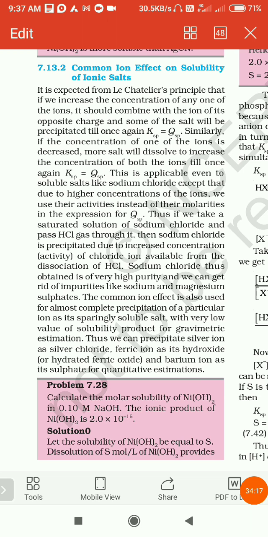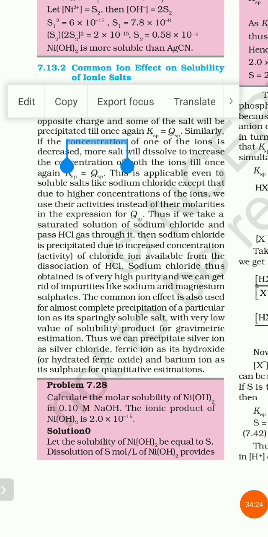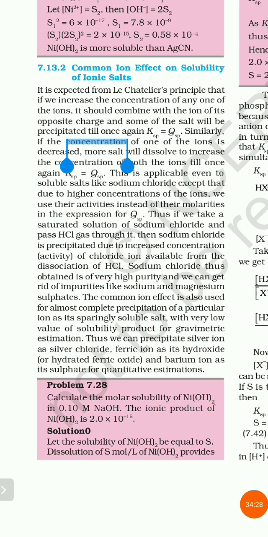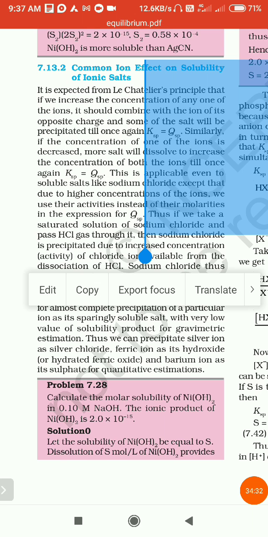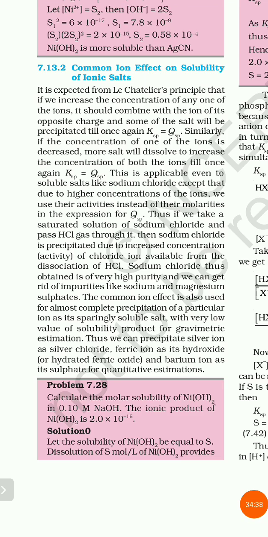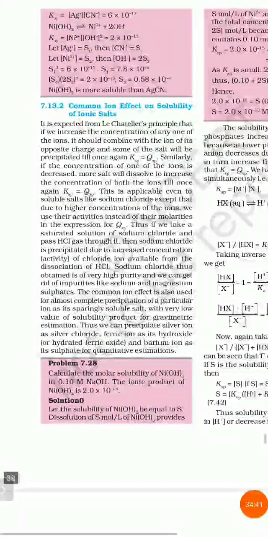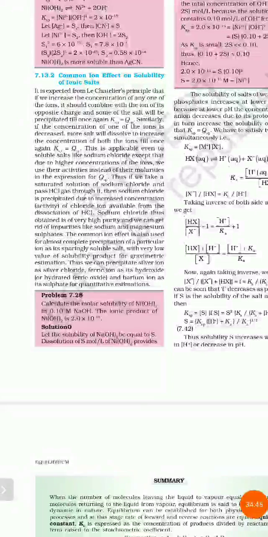If the concentration of one of the ions is decreasing, more salt will dissolve, till once again they approach Ksp equal to Qsp. This is applicable even for soluble salts like sodium chloride.